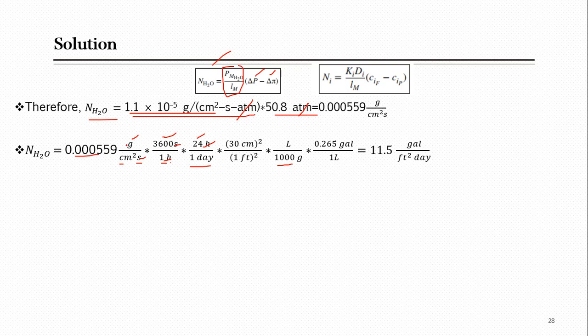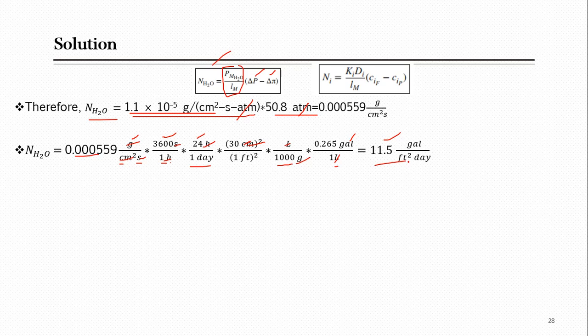So here gram will cancel with gram, and now your units are in liter, but liter can be easily converted to gallon because 1 liter is equal to 0.265 gallon. With this, liter is also cancelled, and the units of centimeter square were already cancelled. Overall, the units left over are gallon per day per feet square, and that's 11.5 gallon per day per feet square. This is the flux of water.